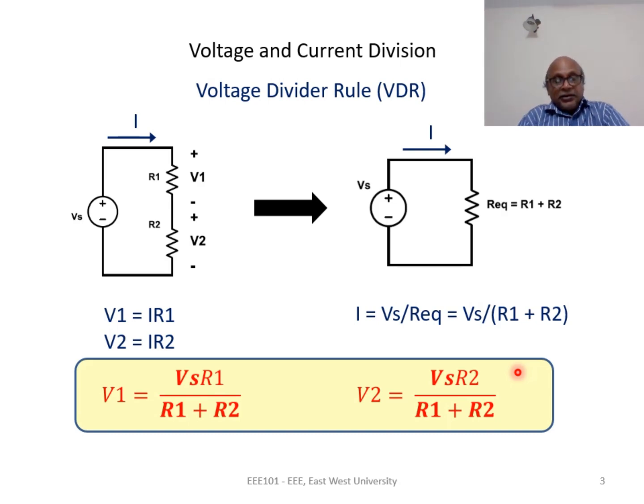To find the voltage across a resistance, we have to multiply by that same resistance. That means if I want the voltage across R1, I will multiply the common part by R1. If I want to know the voltage across R2, I will multiply the common part by R2. Okay, so these rules are very useful in analyzing electrical circuits.